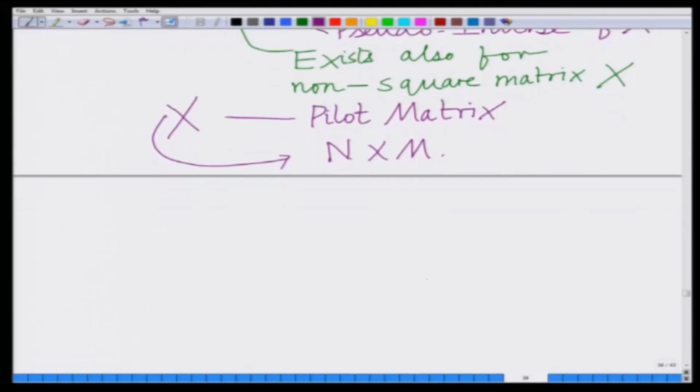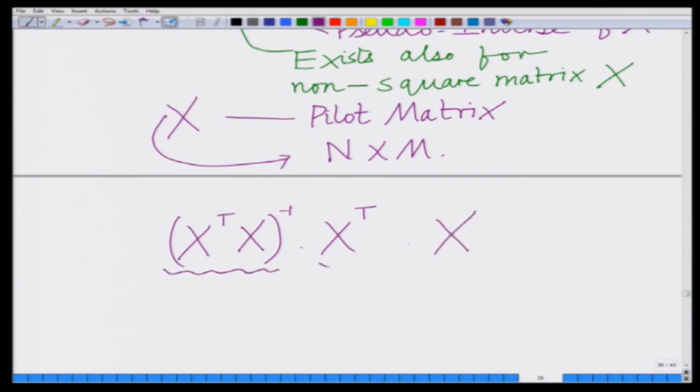So, we can consider the case where n is strictly greater than m. What we are going to show now is, if you look at x transpose x inverse x transpose times the matrix x, where x is the pilot matrix, we have x transpose x inverse and x transpose x, so this is equal to the identity matrix, correct.